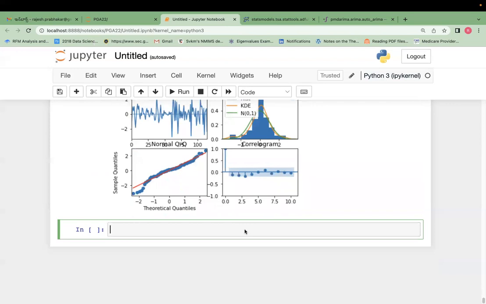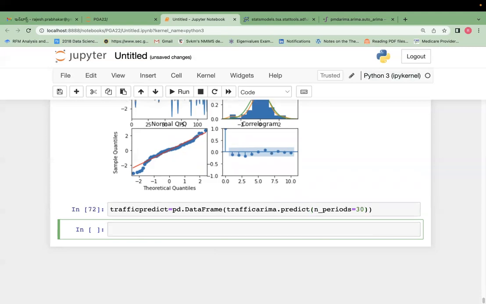Okay. Now the prediction. traffic_predict is equal to pd.DataFrame(traffic_arima.predict(n_periods=30)).